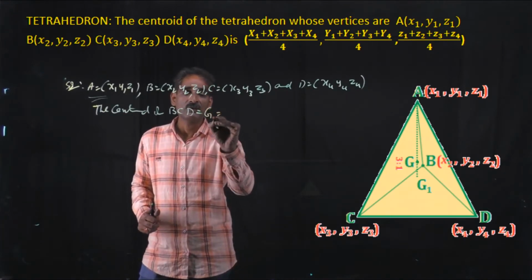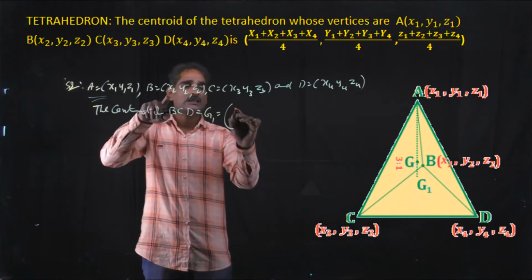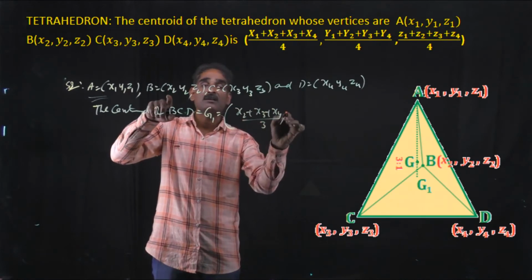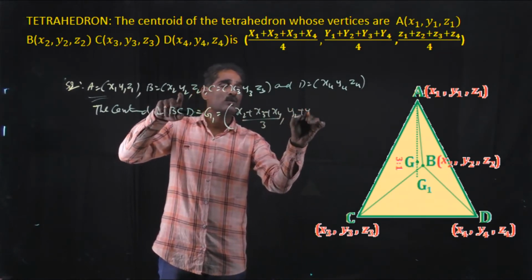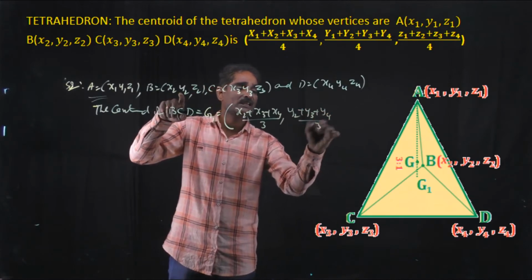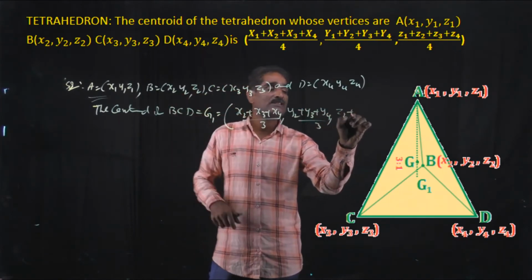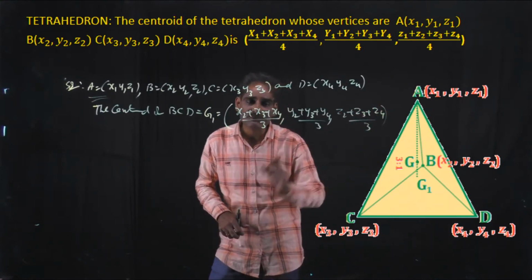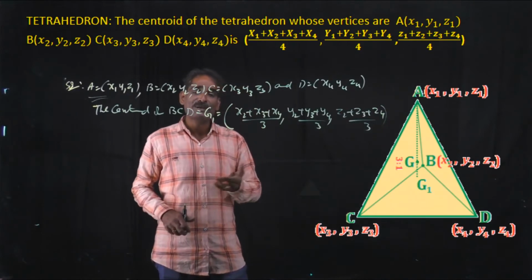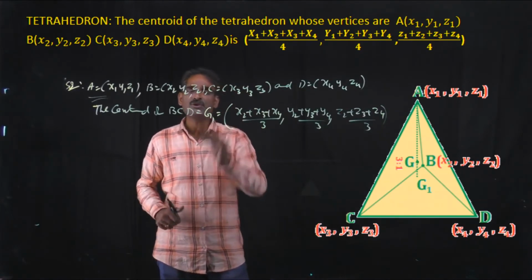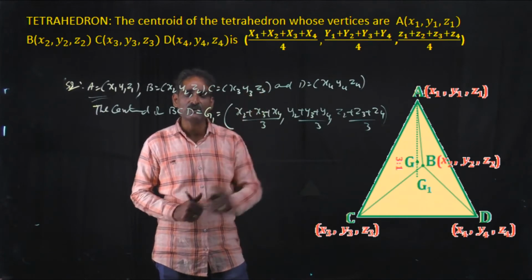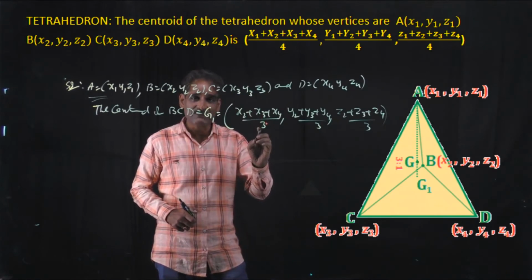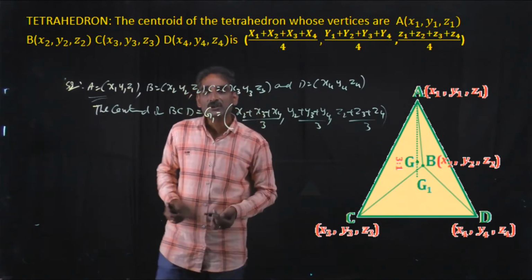Let it be G1, which is equal to ((x2 + x3 + x4)/3, (y2 + y3 + y4)/3, (z2 + z3 + z4)/3). These are the coordinates of the centroid of the triangle BCD. Now join A and G1. The centroid of the tetrahedron divides AG1 in the ratio 3:1.